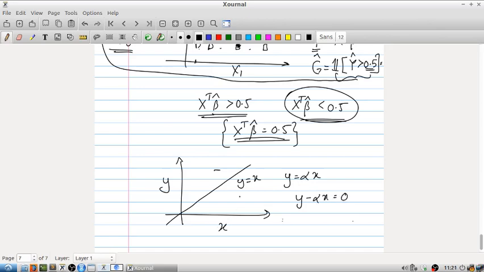What if I draw a line like this? We don't have to figure it out exactly, but you may have some alpha x plus beta y equal to some constant. This x transpose beta is like the x and y here, so it's like x1 beta 1 plus x2 beta 2 equal to a constant. That's all it is. If you're not following, just let me know.